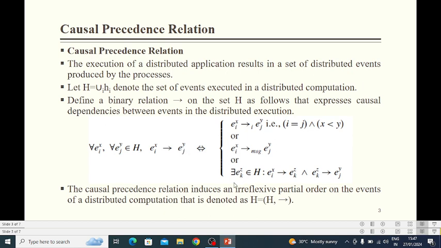Or otherwise, for any zth event of the kth process, if we have a causal dependency between the xth event of the ith process and the zth event of the kth process, and similarly a causal dependency between the zth event of the kth process and the yth event of the jth process, then we can say that we have a causal dependency between the xth event of the ith process and the yth event of the jth process. So these are the three conditions or three scenarios that are possible for causal dependencies.